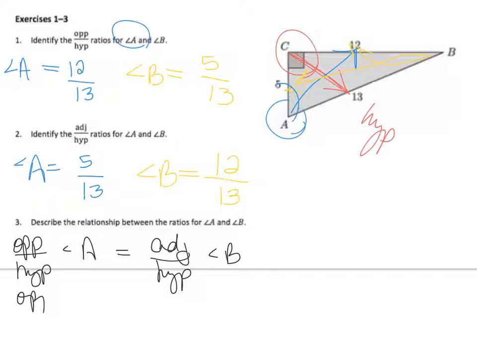And then the opposite over hypotenuse ratio for angle B is equal to the adjacent over hypotenuse ratio for angle A. See how they're sort of connected in opposite ways? They're connected. And let's discuss why.